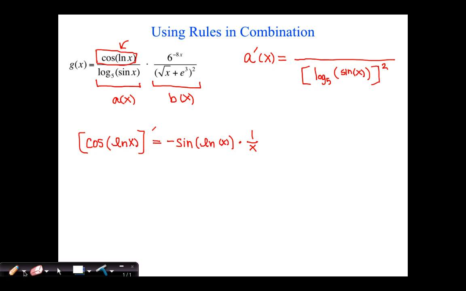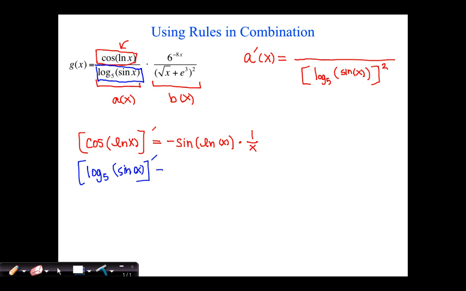Let me change colors here. We're looking at the denominator of this first fraction, log base 5 of sine of x. We need to find its derivative. So chain rule again. This time the outer function is the logarithm and the inner function is the trig function.